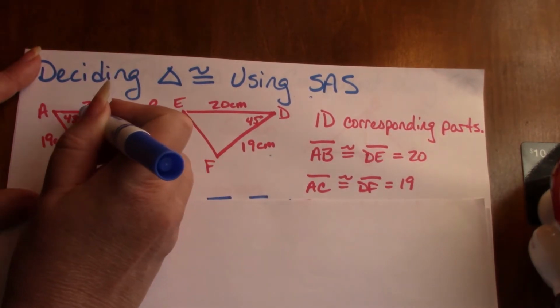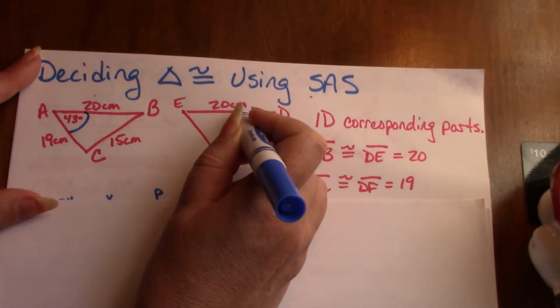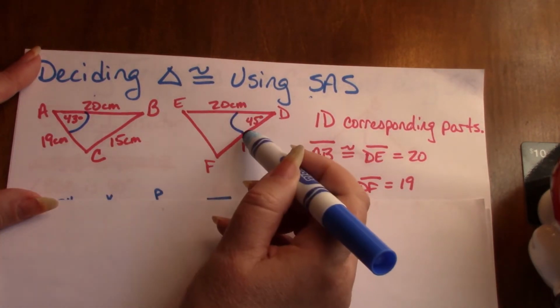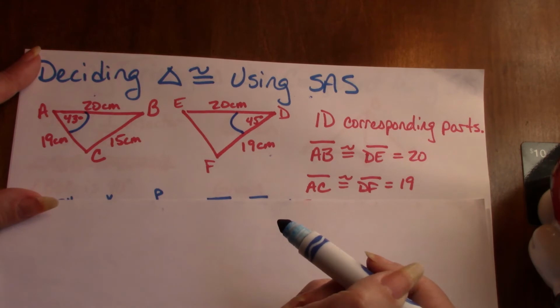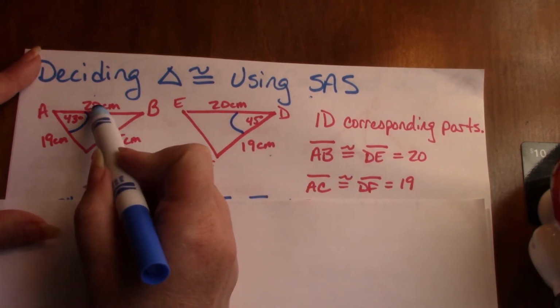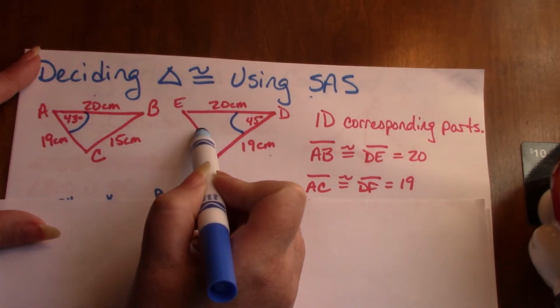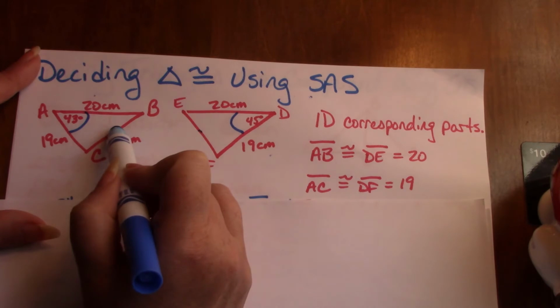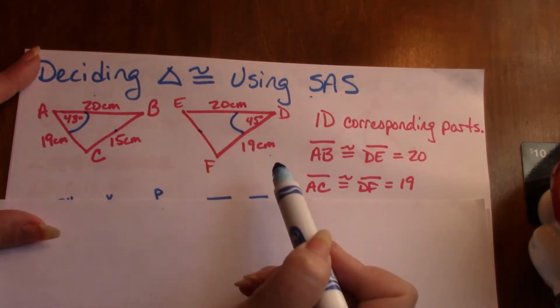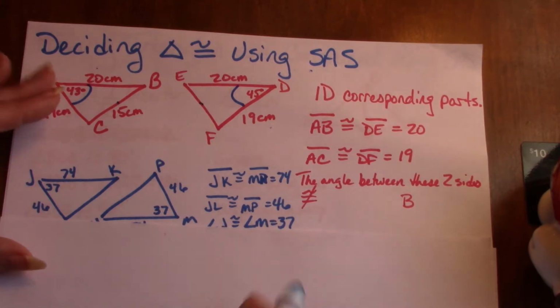Now this is the angle between these two lines, that's 43, and this is the angle between these two lines, and that's 45. Are these two triangles congruent? No, they're not. Because of the side angle side theorem, this line is going to be longer than 15 because it's open wider. So therefore, they're not congruent.